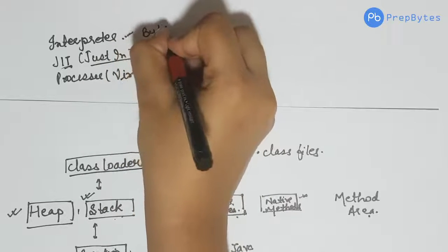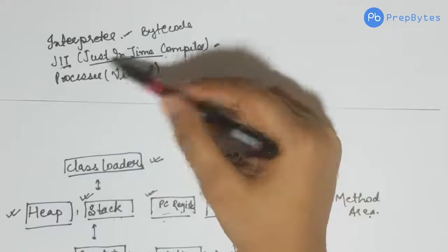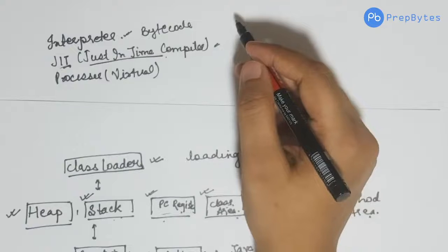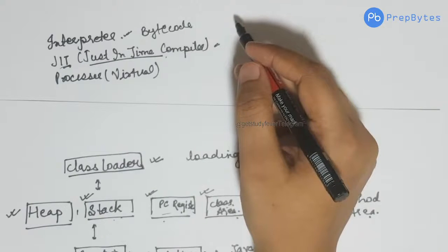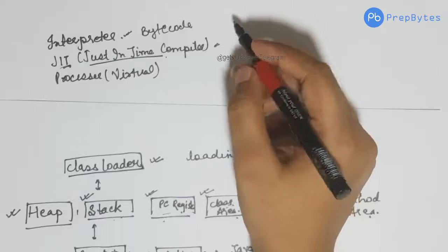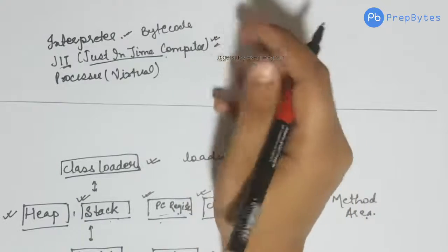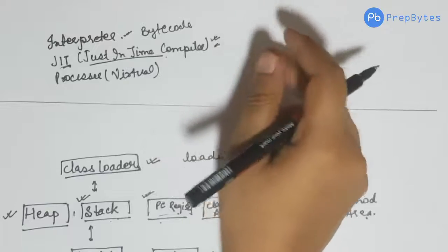It is executing the bytecode. This just-in-time compiler goes through a particular section and compiles it to machine level code such that the speed is increased or the code is optimized so that we have a high performance. So it supports high performance. That's how just-in-time compiler is used during execution.